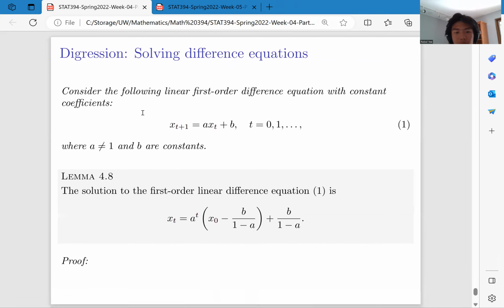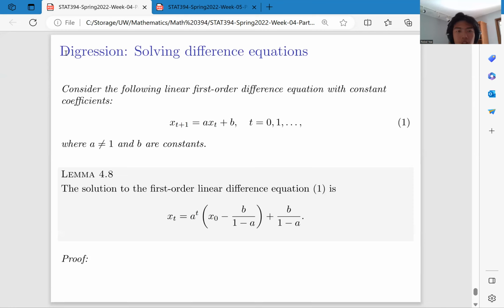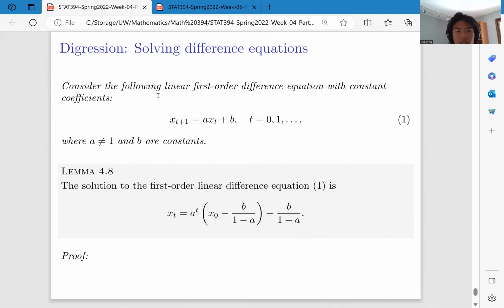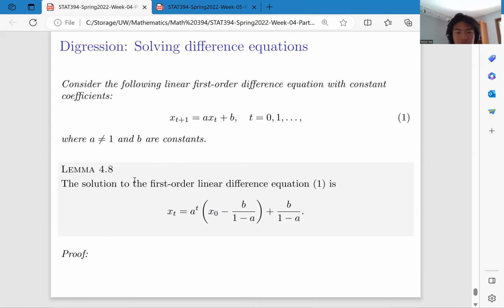So here is another advanced problem for solving difference equations. We just saw one linear difference equation, and the lemma tells me: if one first order difference equation is with a not equal to 1, and b, and those are constants, and more importantly, I would say this is an implicit formula, which means xt plus 1 is dependent on xt.